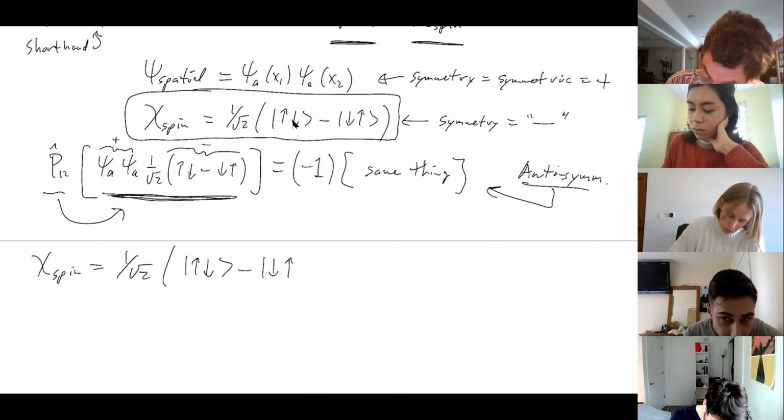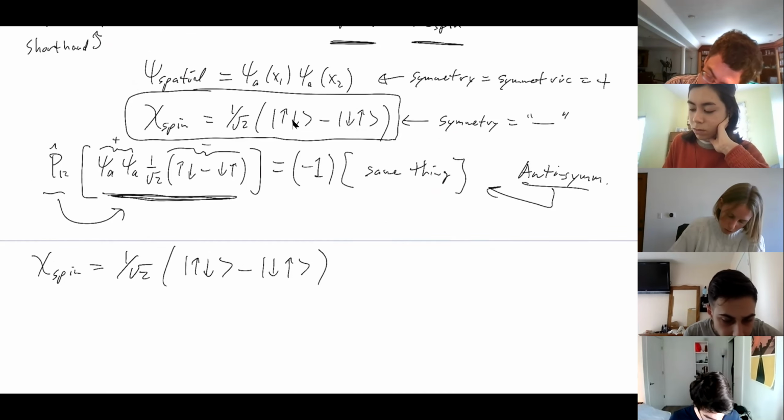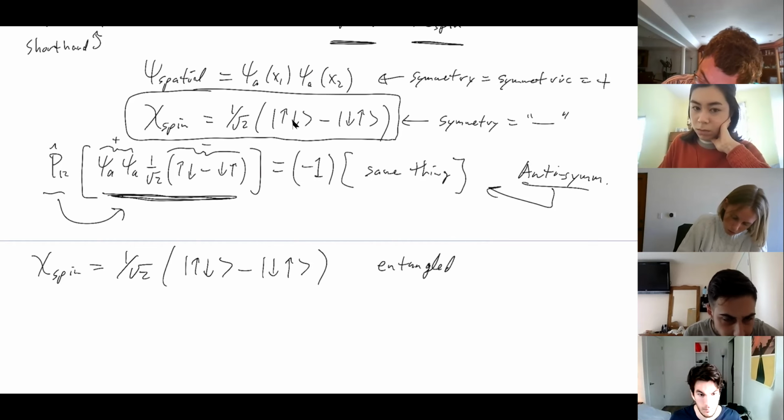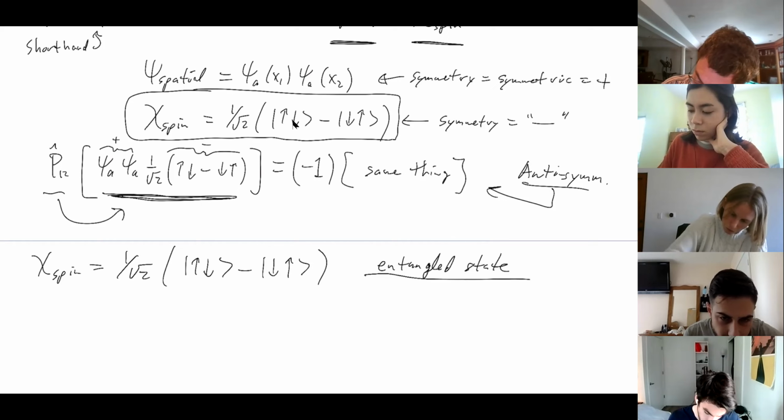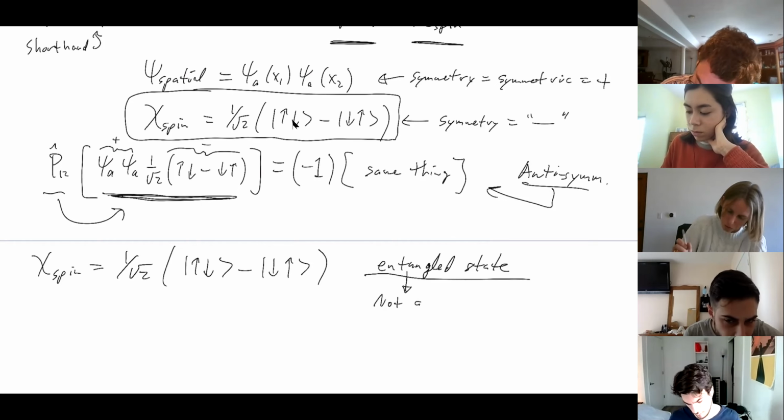It's so simple. I mean, we derived it, we wrote it down, but I just want to point out that it's entangled. So this is an entangled state. And entangled, the textbook definition of entangled, just means it's not a product state.